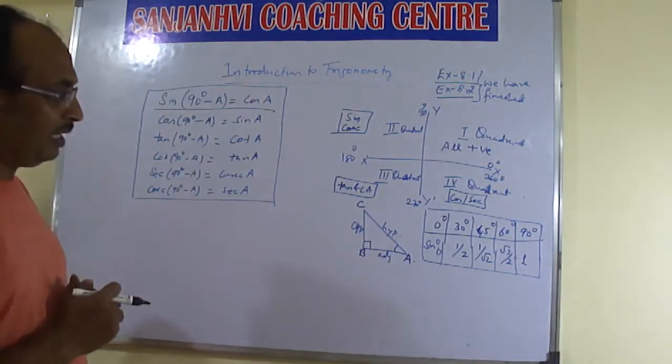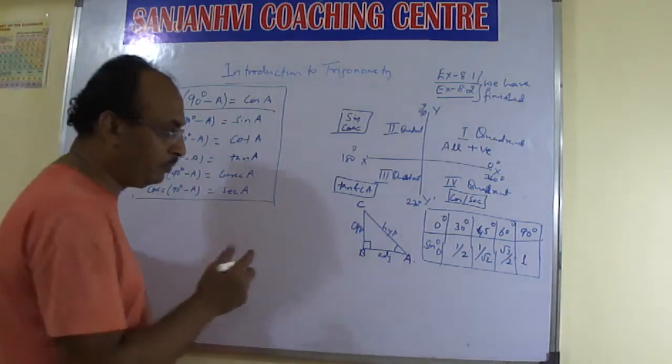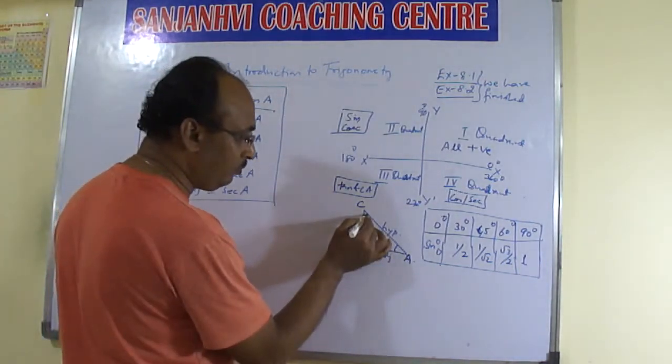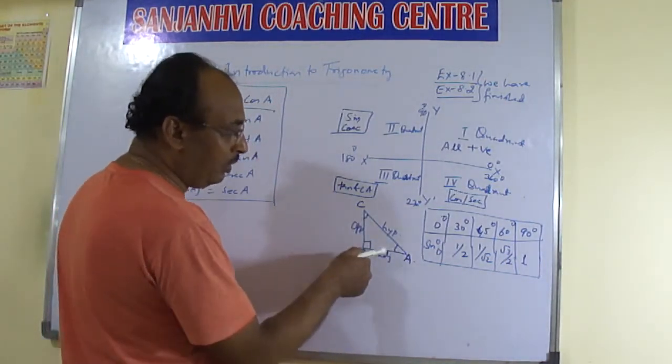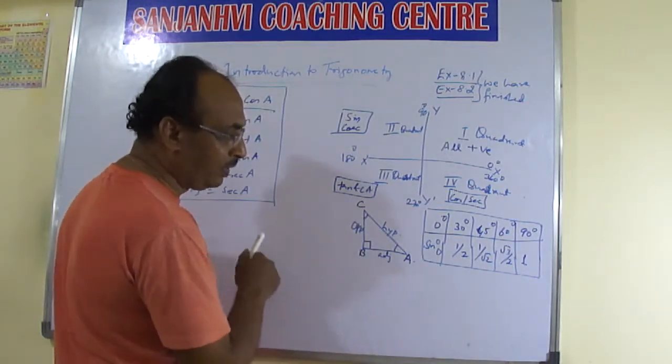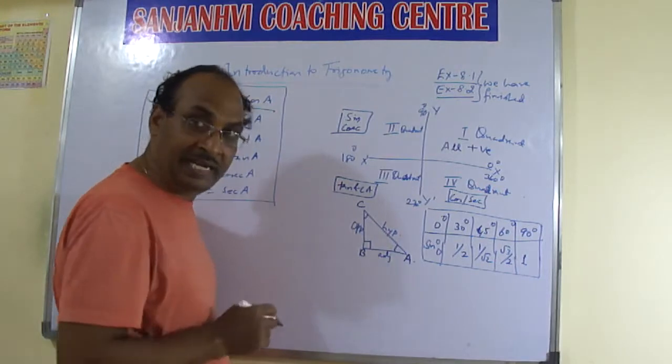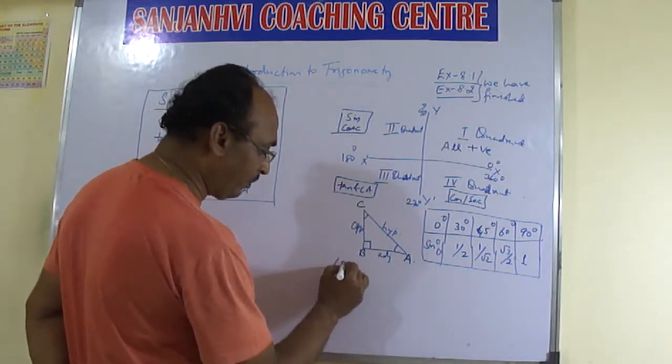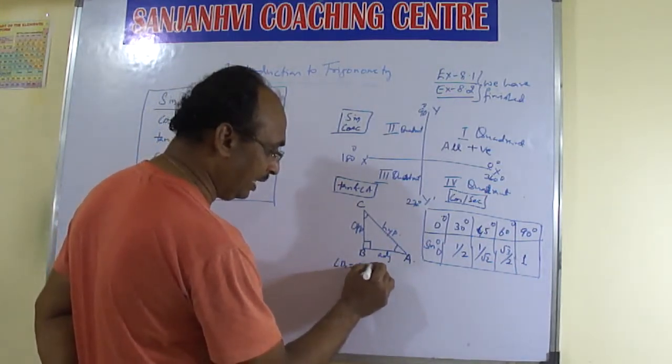Now this is a right angle triangle, so this B is the right angle. So angle B is equal to 90 degree.